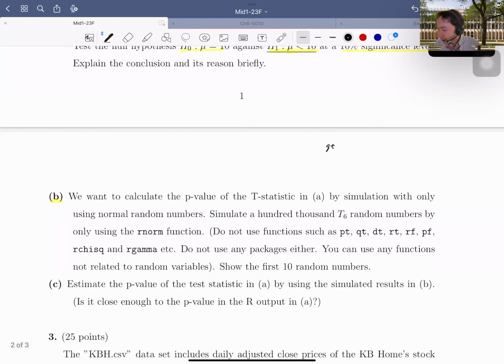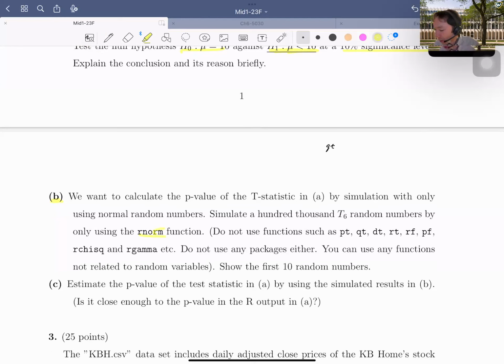We want to calculate the p-value of the t statistic in A by simulation, using only normal random numbers. Basically we have to evaluate the t distribution, but we are not allowed to use t random numbers, only normal random numbers.